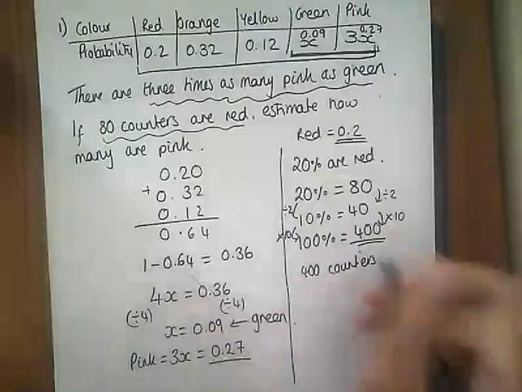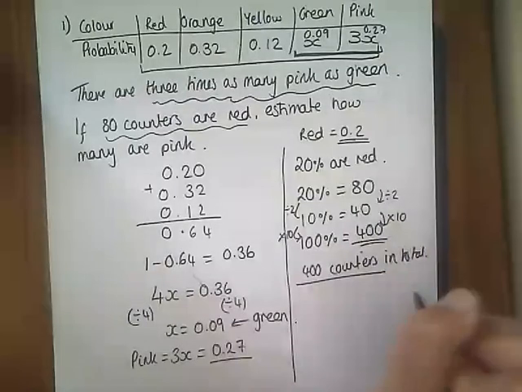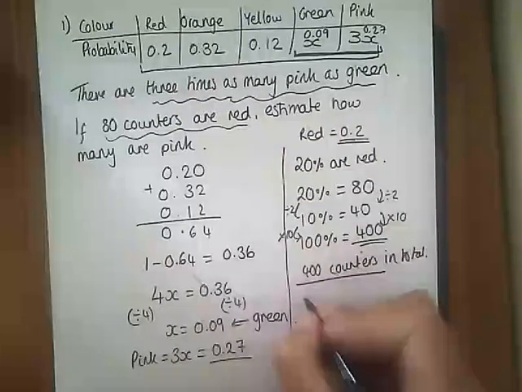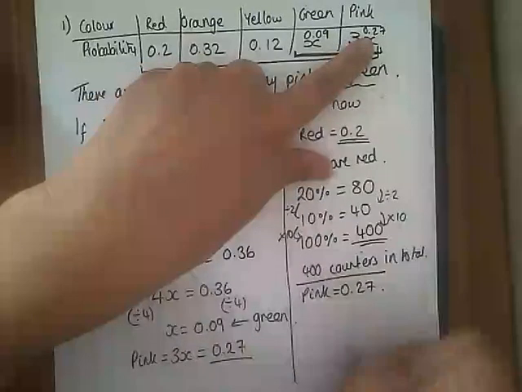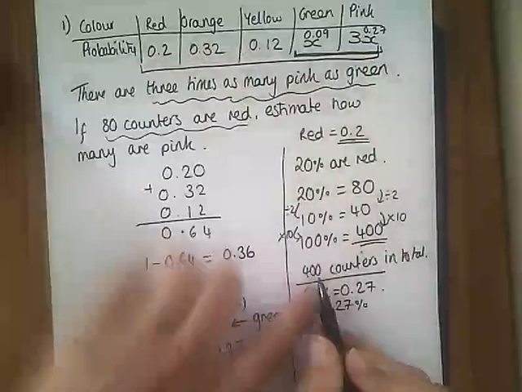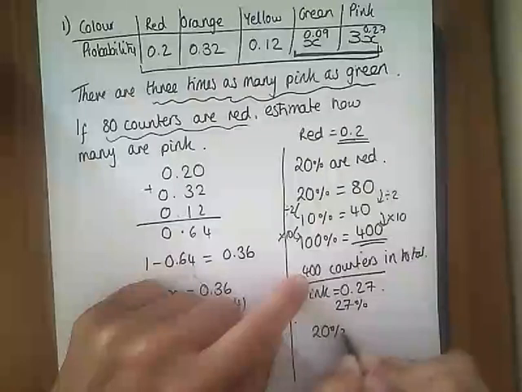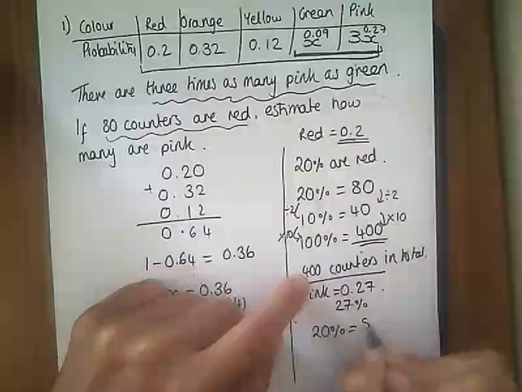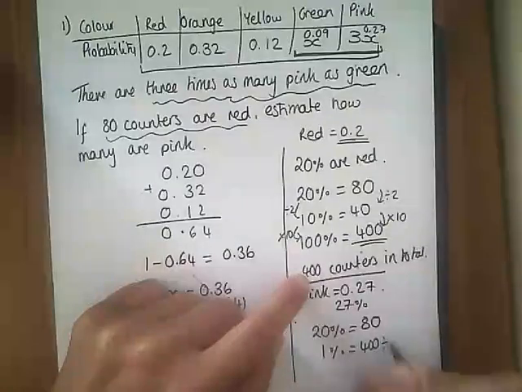Okay, so there are 400 counters in total, and we want to know how many are pink. Well, the probability they're pink, we've just worked out, is 0.27, i.e. 27%. So we've just got to find 27% of 400. Well, 20% we actually already know, we could have worked it out anyway, is 80. 1% is going to be 400 divided by 100, which is 4.